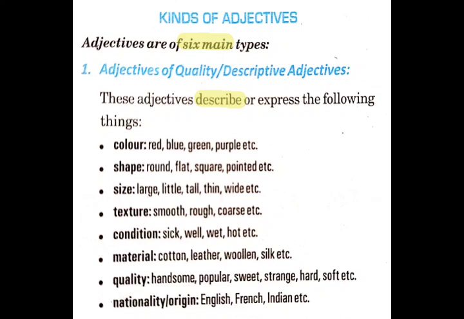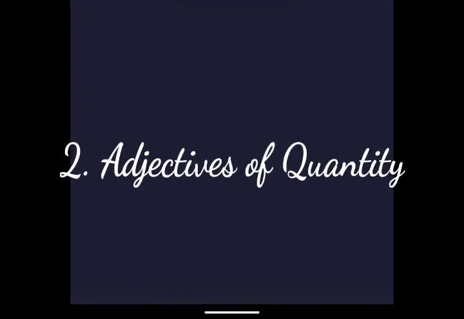For example, a red book or a red cloth, a round table, a large almirah. So such type of words that describe a noun are known as adjectives of quality or descriptive adjectives.